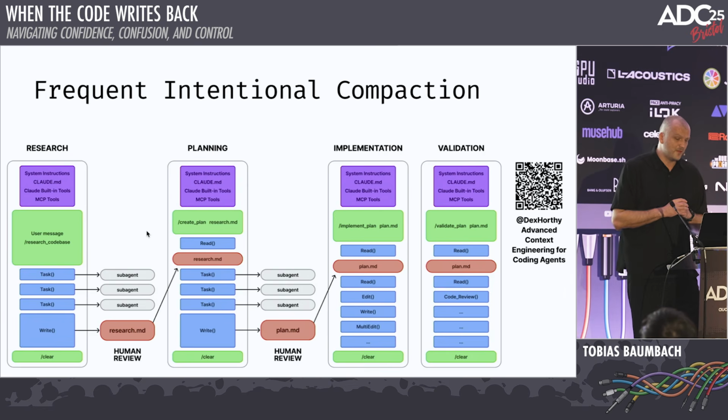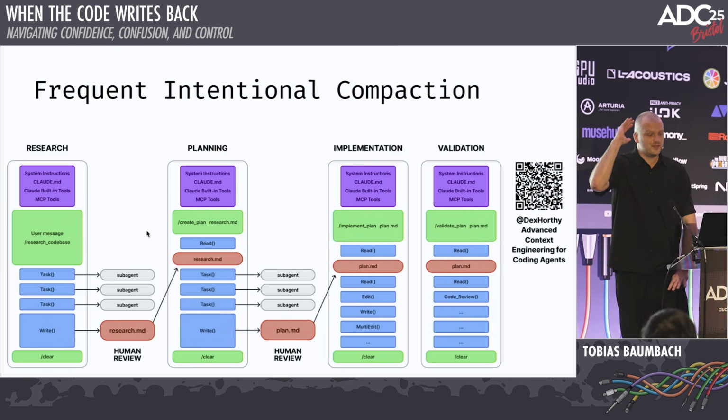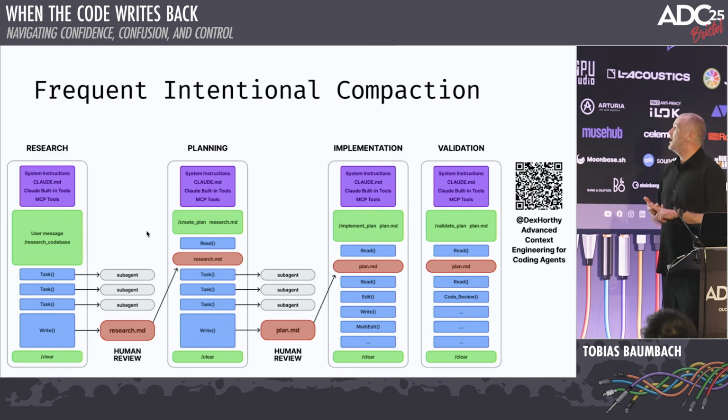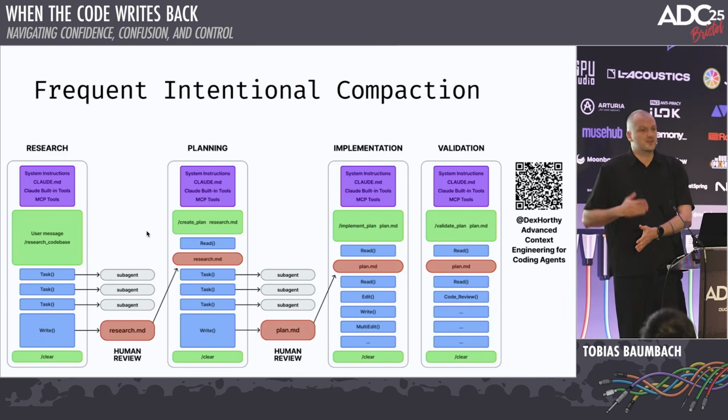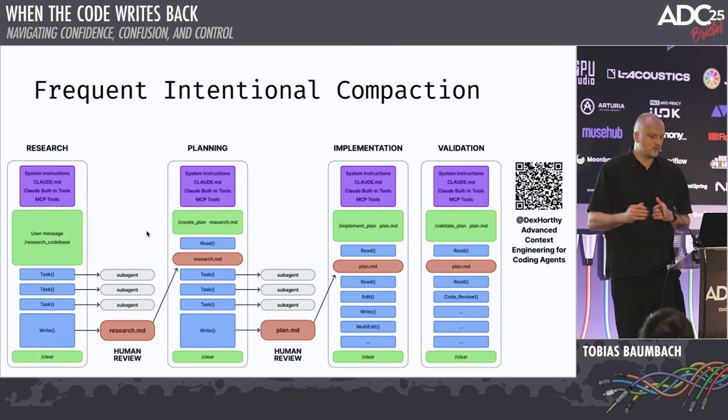He calls it frequent intentional compaction, which is basically the idea that, instead of having a long conversation, you break down your development workflow into phases: research, planning, implementation. And after each phase, you document your current state, put it in a document, reset your context, and start fresh with the next phase. That works really, really well from my experience, and you don't run into the situation anymore where you eat up all your context window.